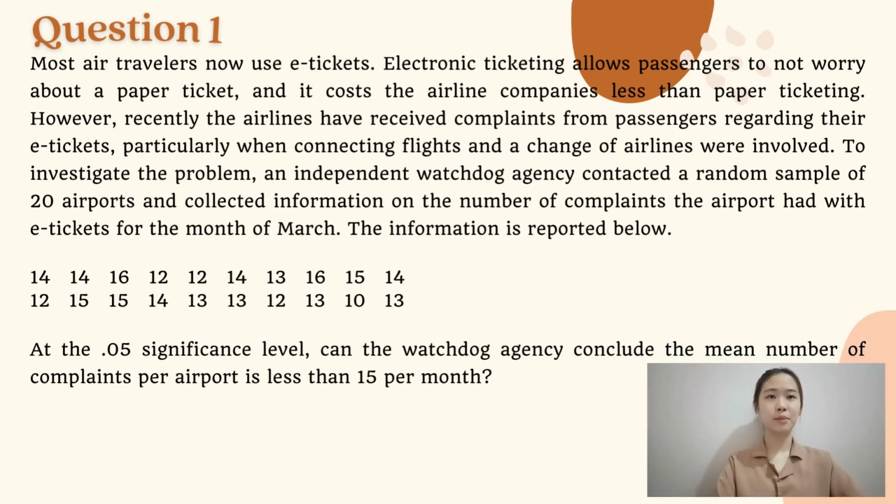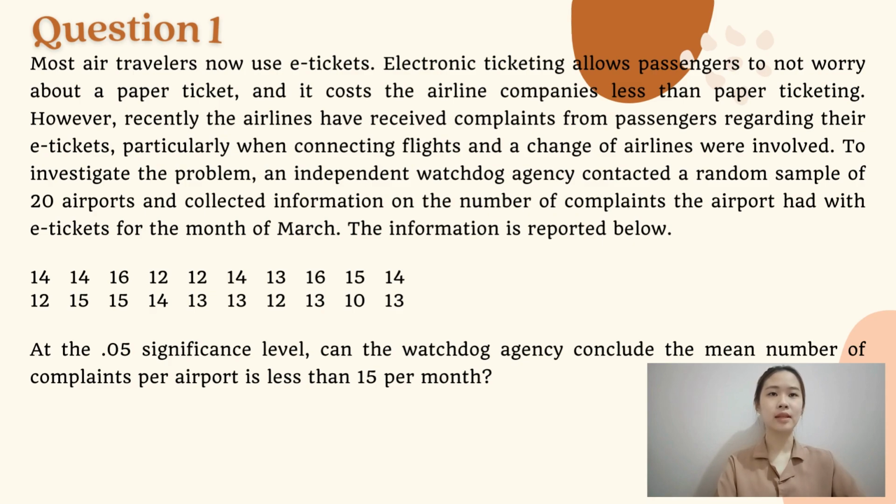The problem statement of question 1 is: most air travelers now use e-tickets. Electronic ticketing allows passengers to not worry about a paper ticket, and it costs the airline companies less than paper ticketing. However, recently the airlines have received complaints from passengers regarding their e-tickets, particularly when connecting flights and a change of airlines were involved.